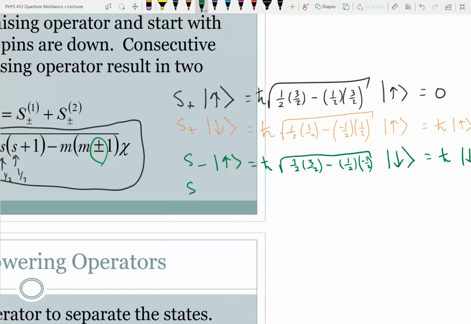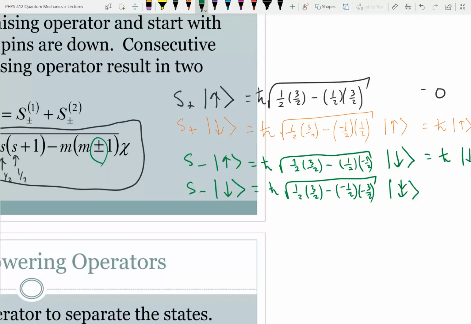And there, I did that one really quickly. An undefined state, as if that state exists.